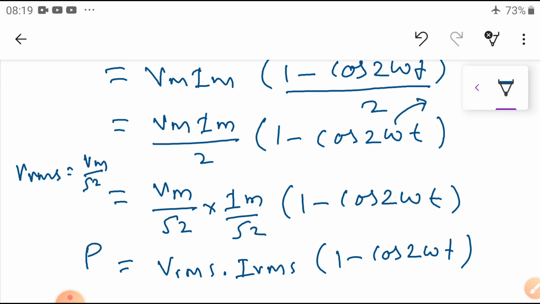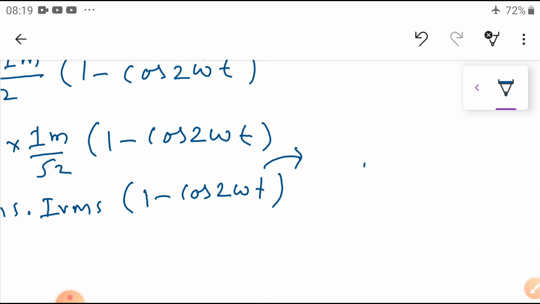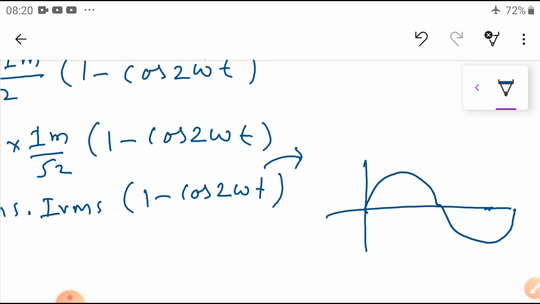Now what has happened? This is a double frequency term. The average value of this over a full cycle becomes 0. The positive area is the same as the negative area, so whatever the positive area, it equals the negative area, and the average is equal to 0.